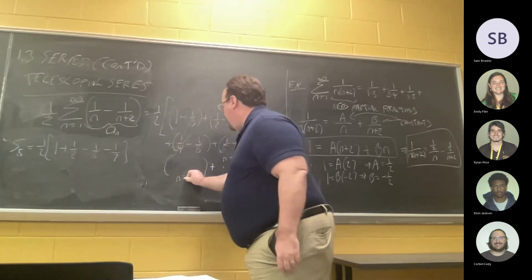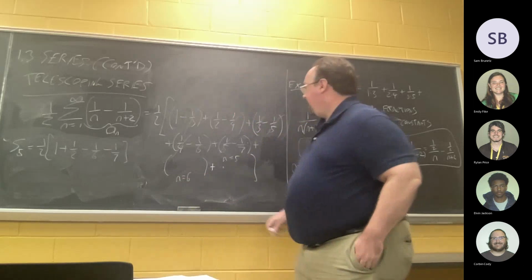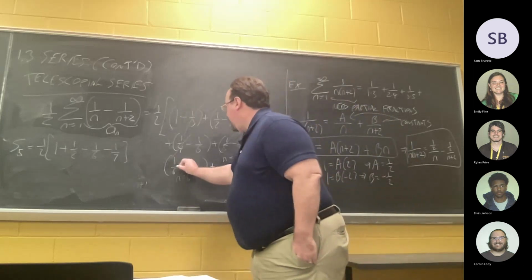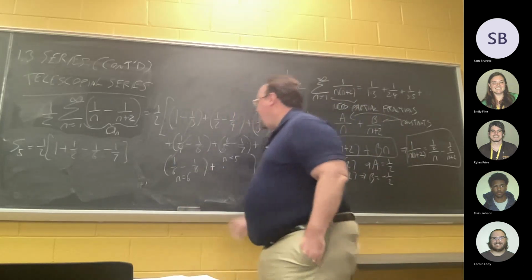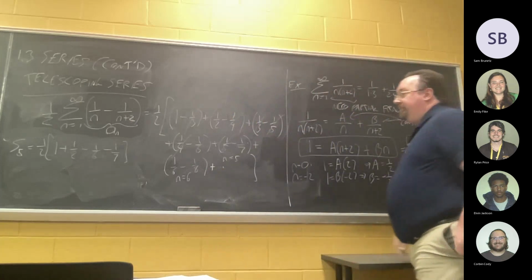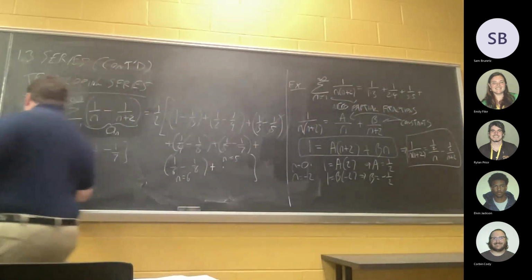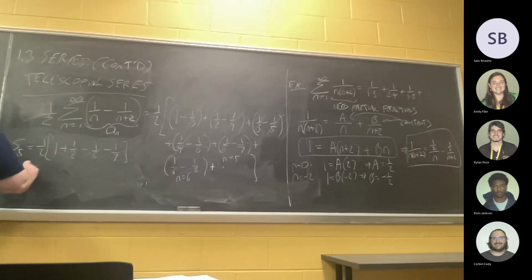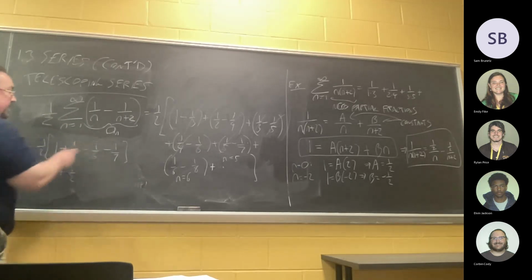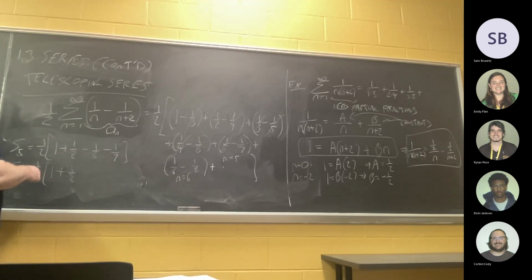If we throw in one more, n equals 6, so we have 1/6 minus 1/8. We see how the cancellation pattern is updated. The 1 is still there, 1/2 still there, and then what else do I have? 1/8.